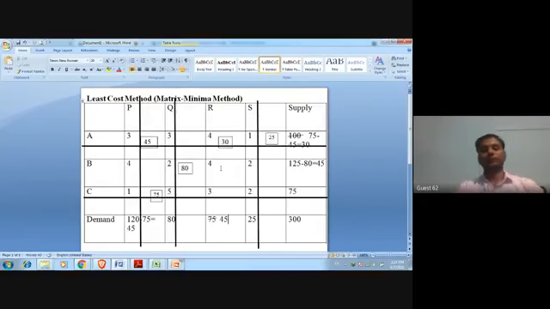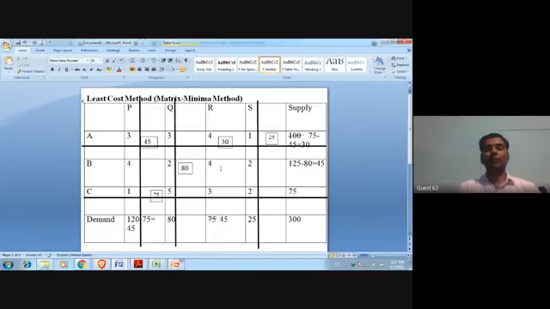Only one cell, that is BR. The requirement of warehouse R is 45 units and the factory B has still 45 units.